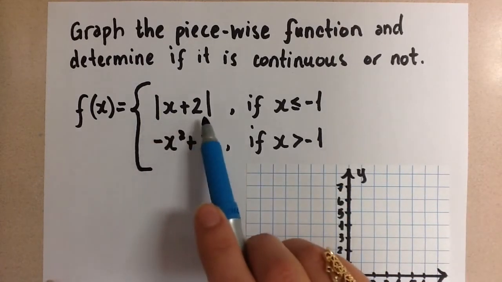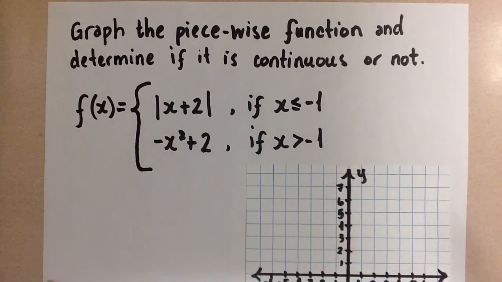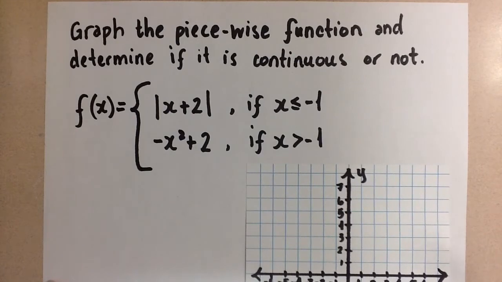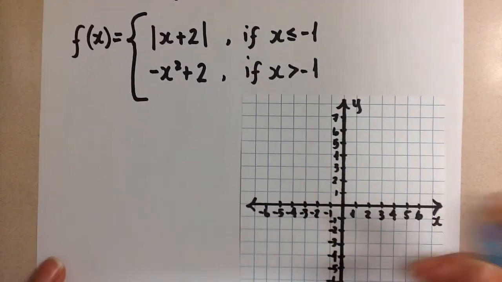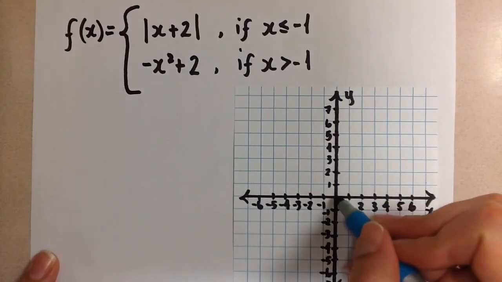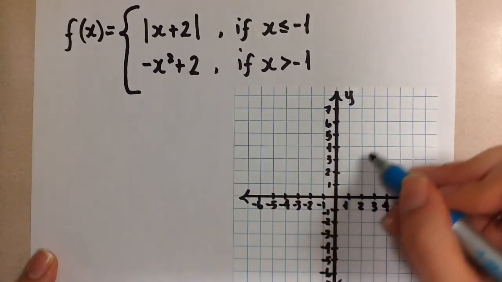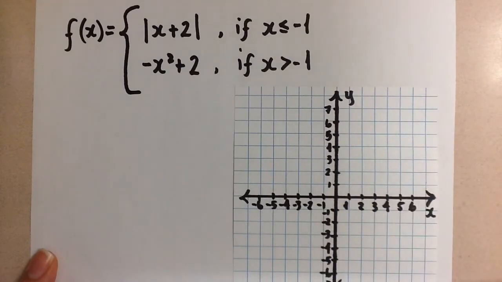We're going to look at this portion of the function. That represents an absolute value function. If you think about the parent function for an absolute value, let's look down at our grid here. It has the vertex at the origin, and then it increases to the left and it increases to the right with a slope of 1.